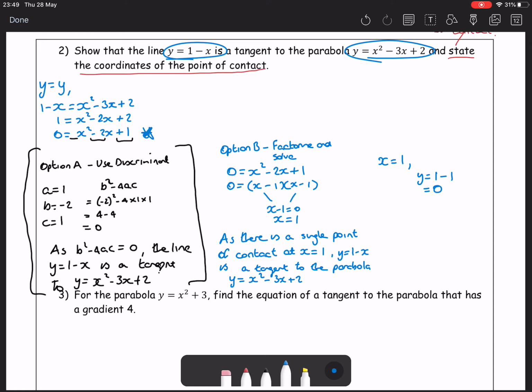So at that point, sub into either line or parabola. So to answer my final part of my question, the point of contact is 1, 0.